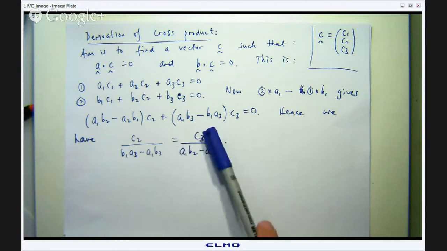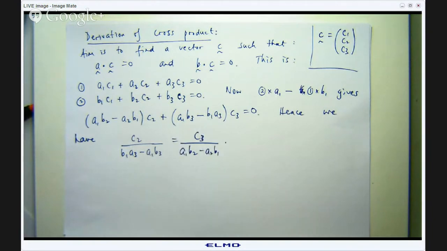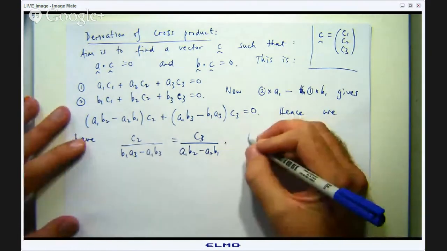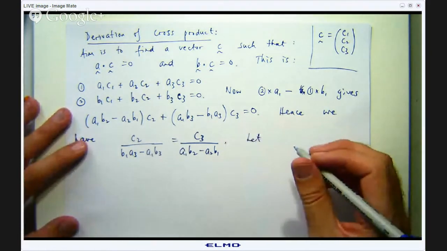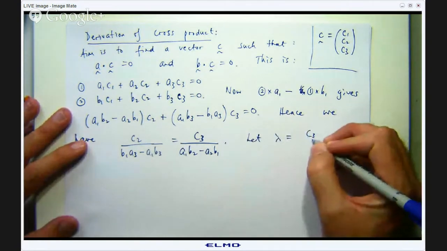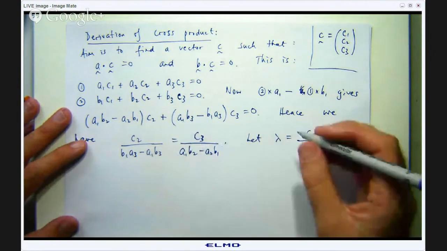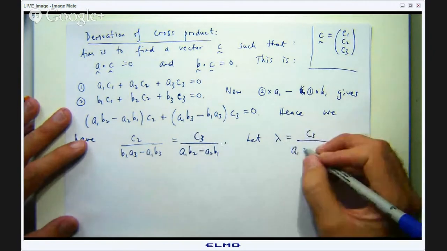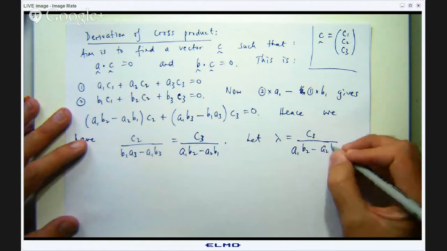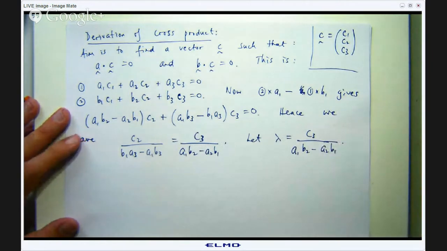You could just let lambda equal C3, but it's not quite as pretty. Okay, you could do that, but I'm not going to do that. So I'm going to say let lambda be a new parameter, which is the right-hand side here. Okay, so what does that mean?